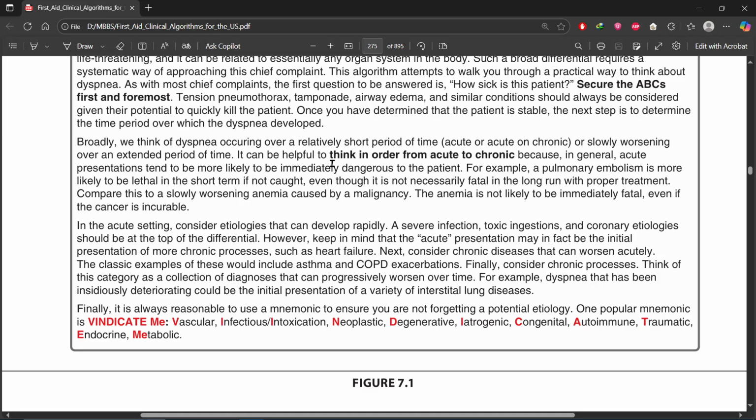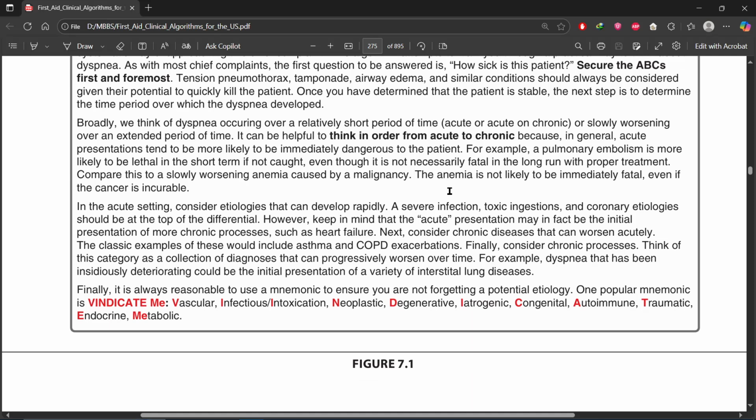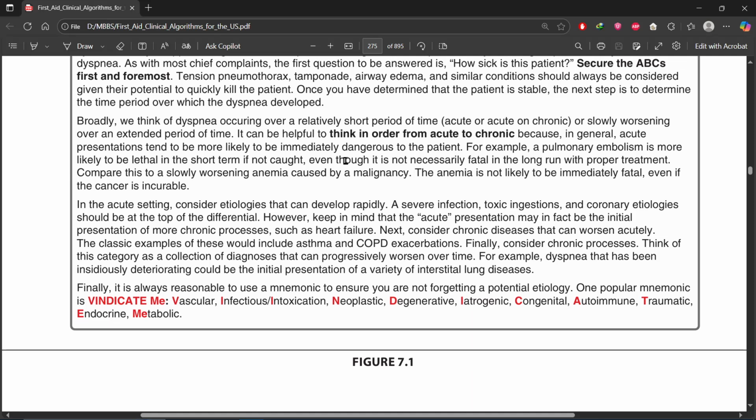It can be helpful to think in order from acute to chronic. So whenever a patient is presenting, we must go towards an acute differential first, and then go towards the chronic differentials, because an acute presentation is most likely to be immediately dangerous to the patient.